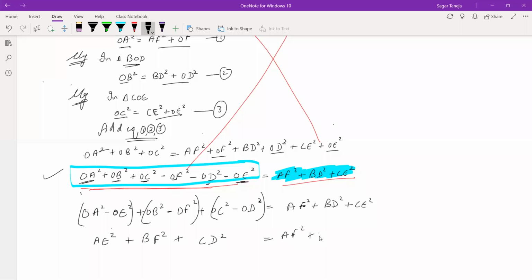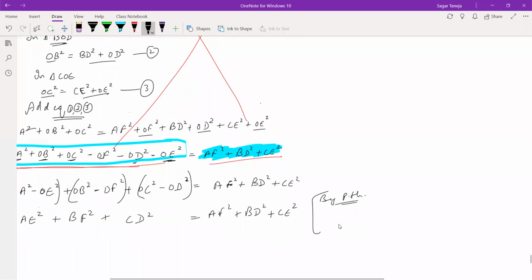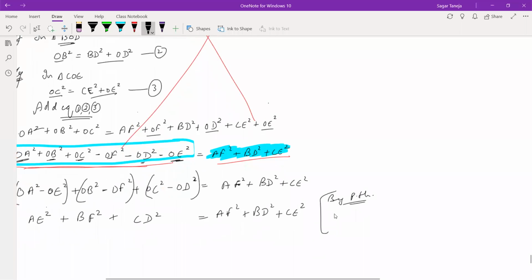So how to give the reason for this? Let us write this side. By Pythagoras theorem, OA square is equal to OE square plus AE square, and OB square is equal to OF square plus BF square.